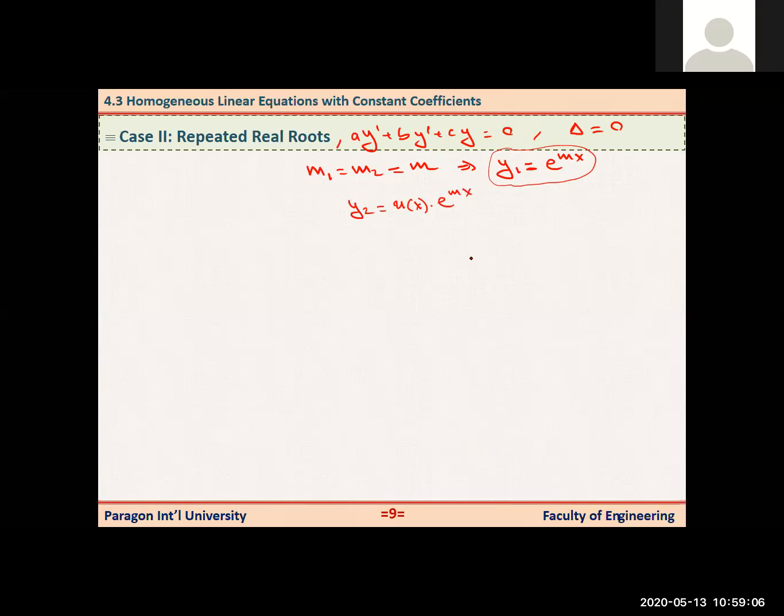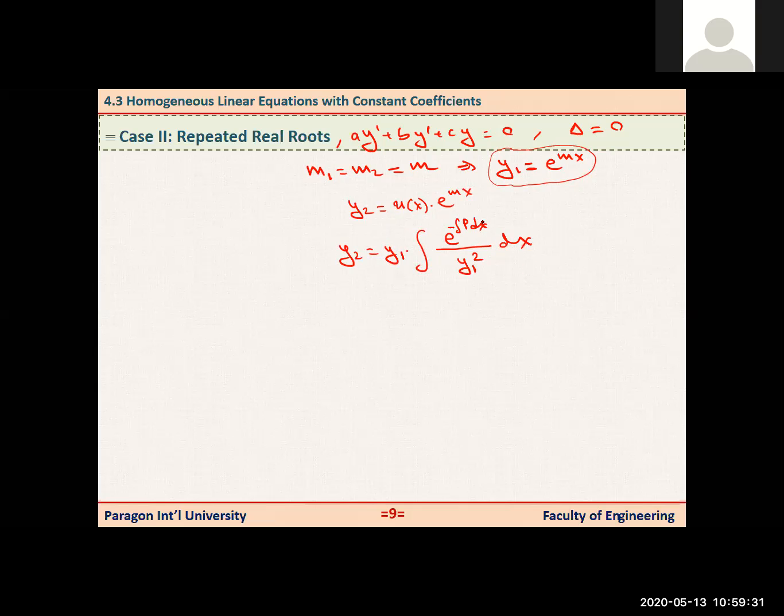Now if you substitute this, we will get u to y2. If you remember, the formula was y2 is equal to y1 times the integral of e to the power minus integral p dx over y1 squared dx, right?